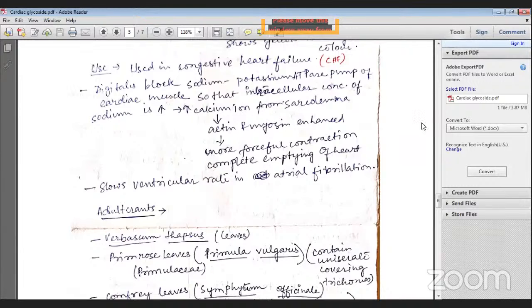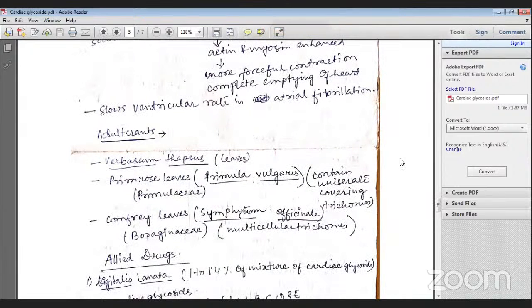And next are the adulterants. The adulterants are also important in case of your competitive exams.